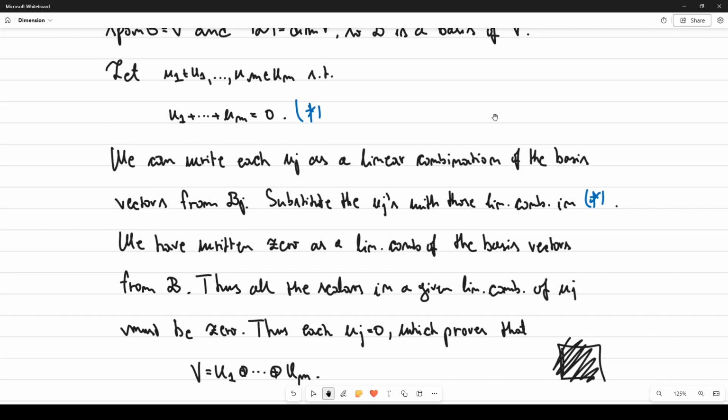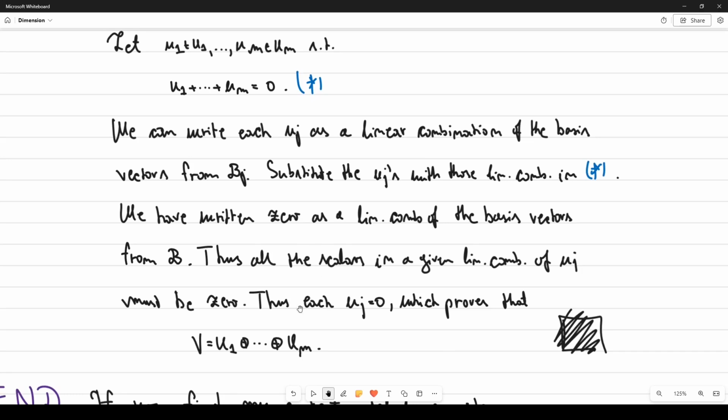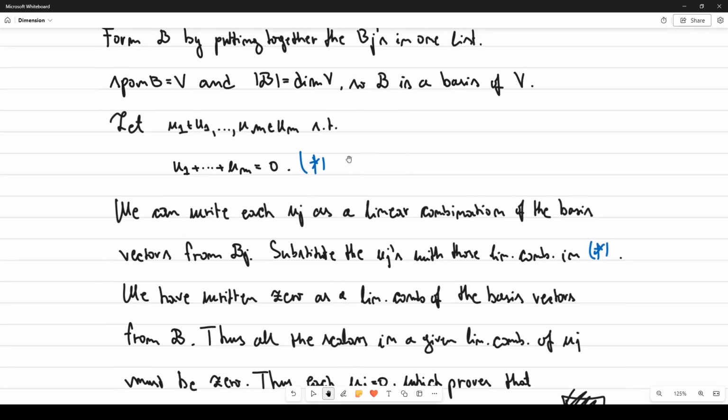So all the scalars that go into the linear combination of a certain uj are equal to 0. That means that each uj must be equal to the 0 vector. Thus, each uj is equal to 0, which proves that V is equal to the direct sum of the subspaces.